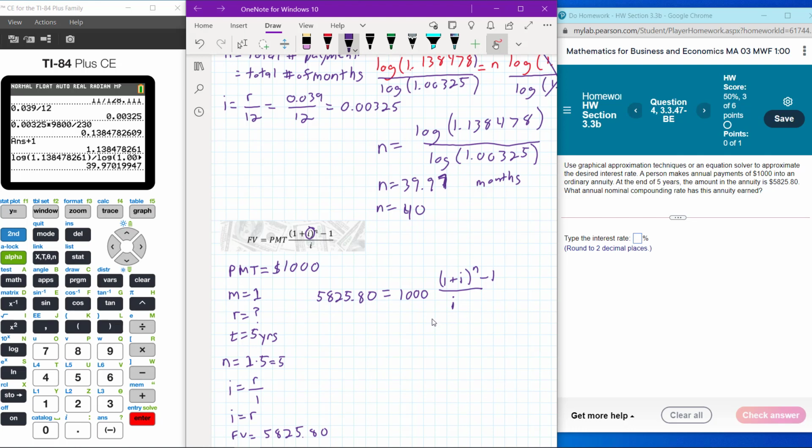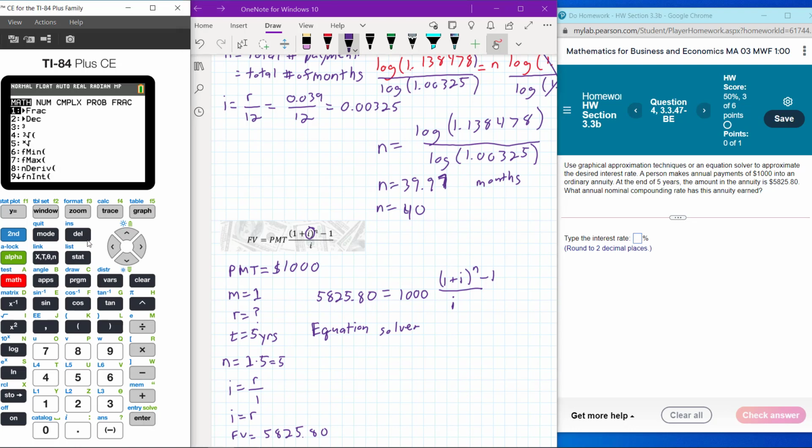And we want to solve this either using a graphical approximation technique or an equation solver. Well, it turns out that your TI-84 has this thing called an equation solver. And you can get to it by clicking on Math and then hitting the up cursor. And there it is.